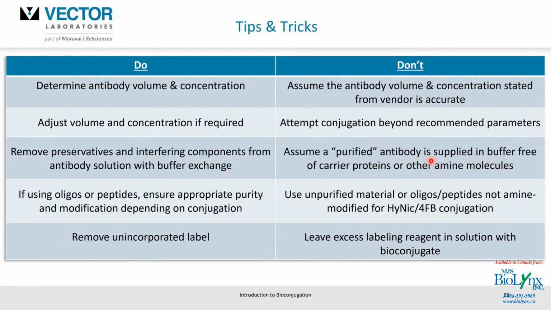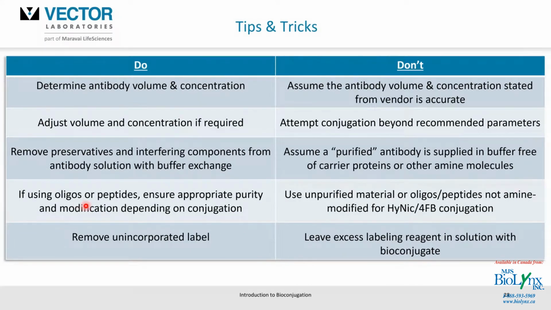And what I mean by that is contaminants or indeed buffers, like a Tris-based buffer is how the antibody is supplied, which Tris can actually be conjugated through the use of NHS esters or something like that. So just get rid of those before you continue with the bioconjugation.